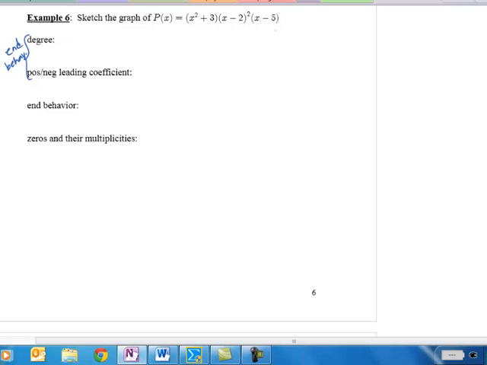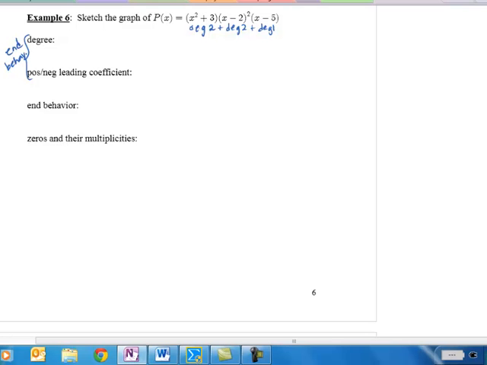And the degree is easier to see if we have this in expanded form, but we mentioned earlier that if we have the factored form instead, what we can do is count the degree of each factor. So we have a degree 2 factor, and this factor here is degree 1, but there are 2 of them, so that would have another x squared. And then the last factor is degree 1.